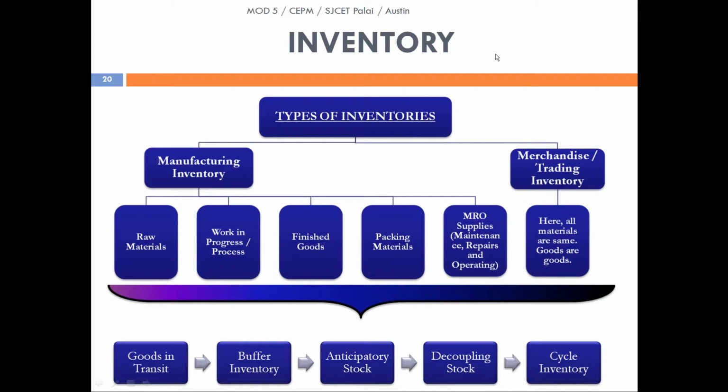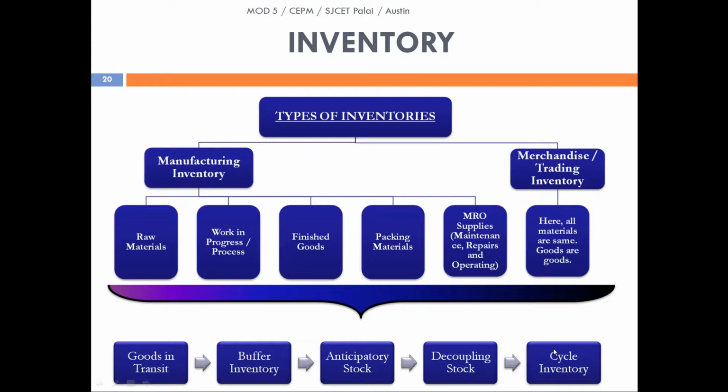Inventories can be mainly classified into direct inventories and indirect inventories. This portion, including the manufacturing inventory and merchandise or trading inventory, tells us about the direct inventory, while this portion, which includes goods in transit, buffer inventory, anticipatory stock, decoupling stock, cycling inventory, all these tell us about the indirect inventory.